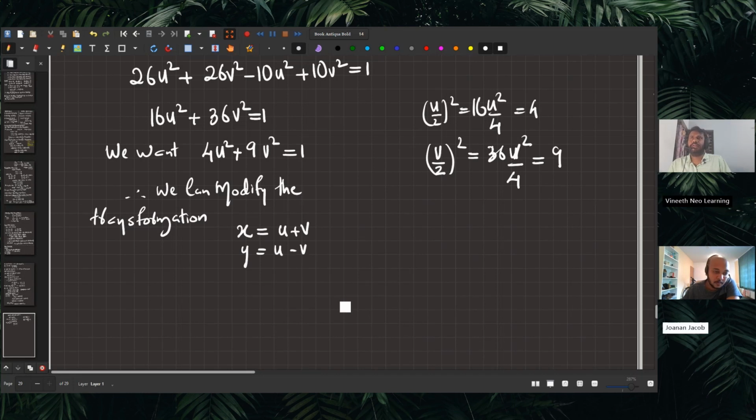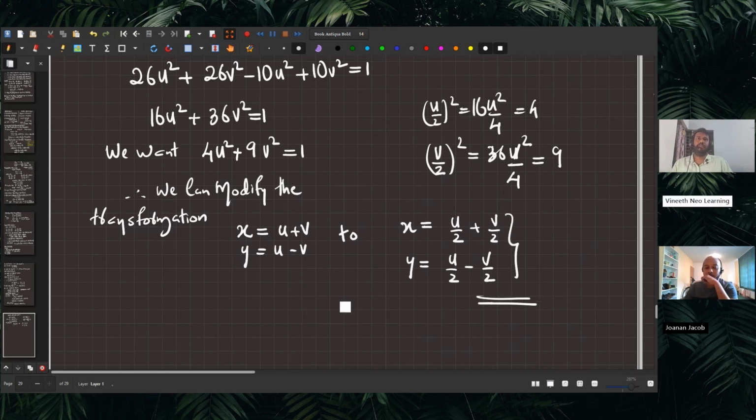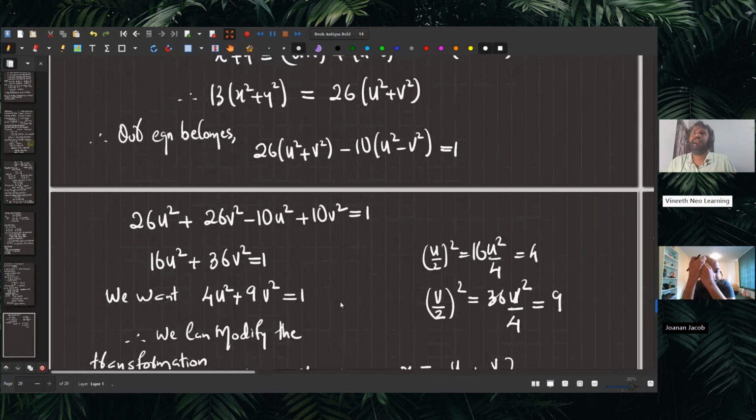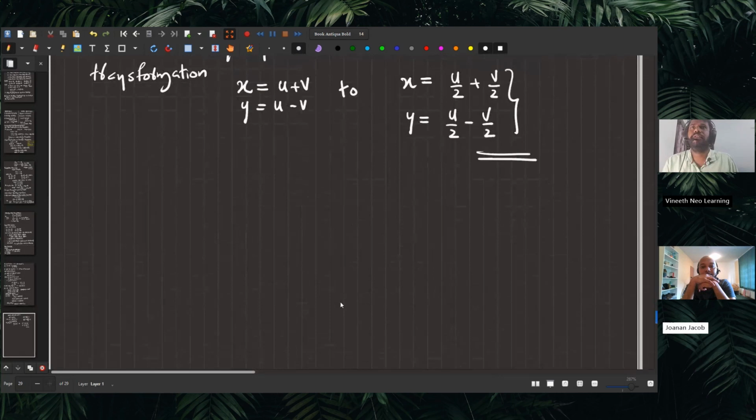To x equals u plus v the whole by 2, and y equals u minus v the whole by 2. This was a bit involved, a bit complicated. But this is how you find the affine transformation between both.